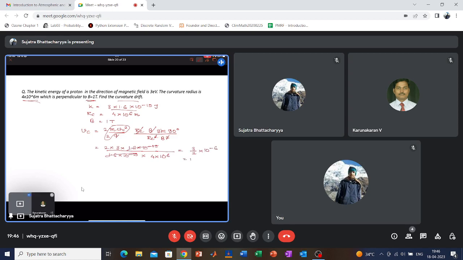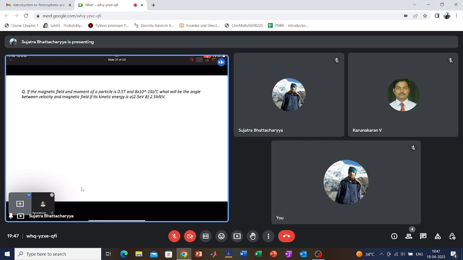So it's 1.5 into 10 to the power minus 6 meter per second. So this corresponds to the curvature drift. Although I have just randomly put these values, and they may not be the actual values, that's why maybe we are getting this very small curvature drift velocity, but the concept remains the same, the formula remains the same.